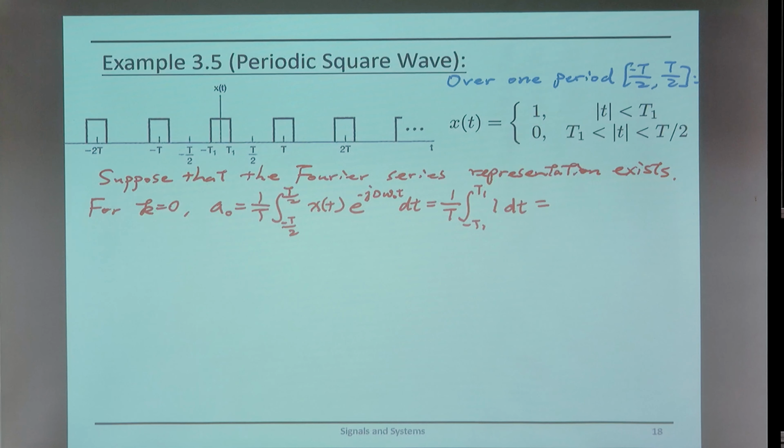And this gives you 2 t1 over capital T. You can see that this a_0 is essentially taking the average of our signal x of t over one period. So this is the average value of x of t.